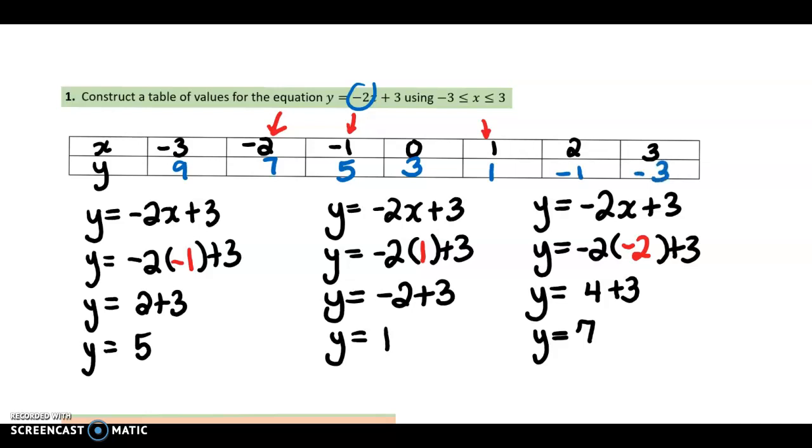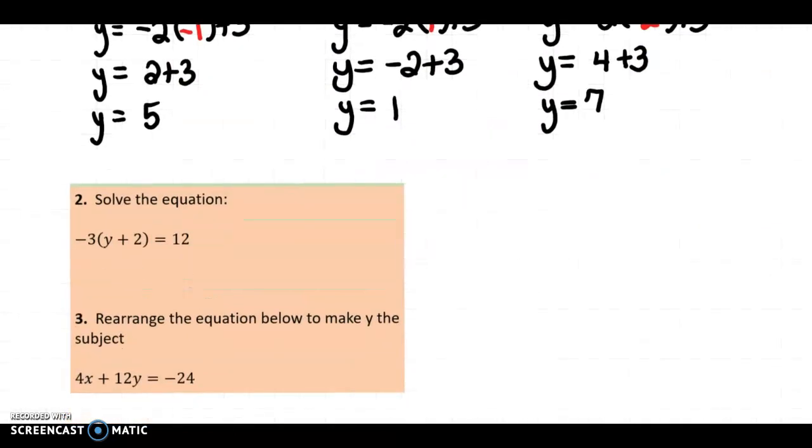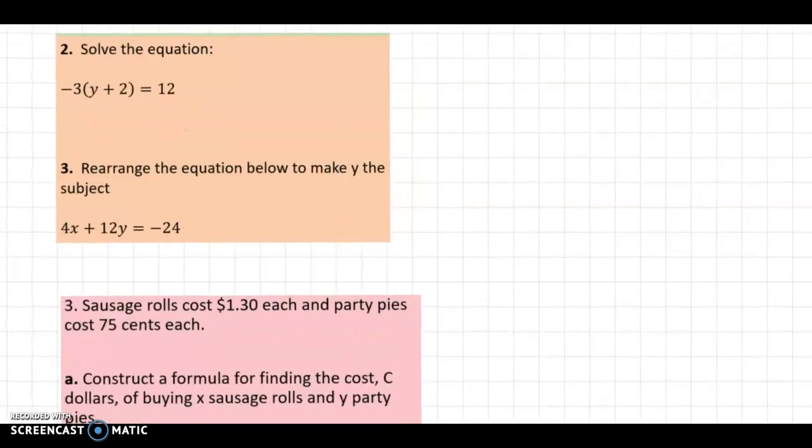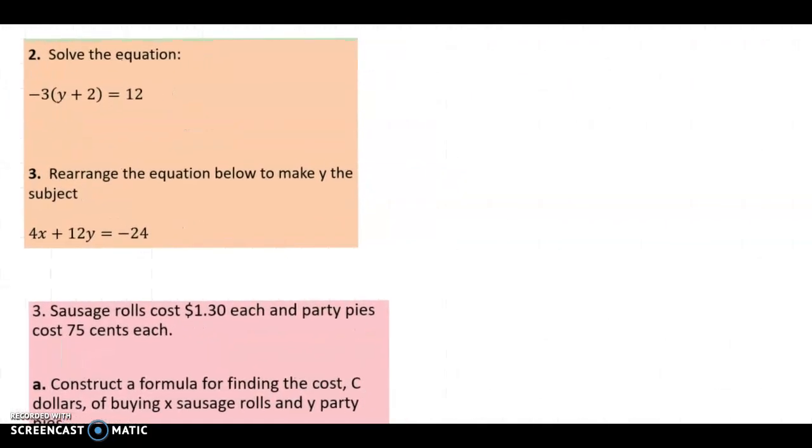Okay, so that's how we're going to do that first one, if we had to do it by hand. Next up, solving these equations. So the first equation here, solve this equation, so we've got negative 3 outside of y plus 2 equals 12. So again, we're solving the equation for y, so we want to get y all by itself.